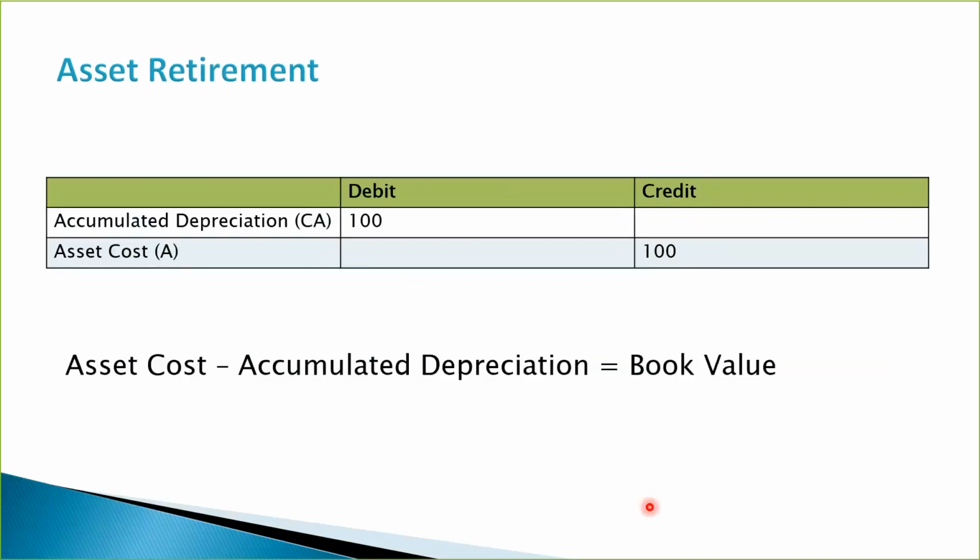So if this asset is completely used and it's retired at the end of its life, it's completely depreciated, the accumulated depreciation will be equal to the asset cost, right?